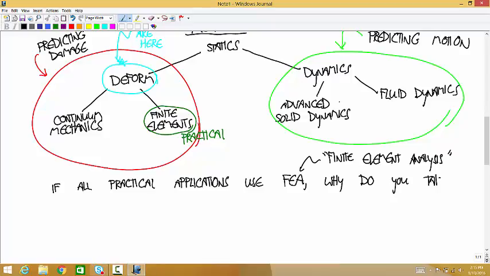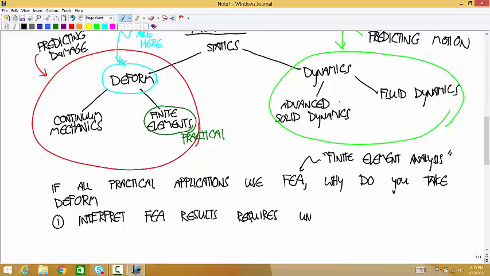Why do you take deform? What are the goals in deform? I would say there are really two reasons. The first one is that to interpret finite element results requires an understanding of the meaning of stress and strain, and we'll see that they're actually complicated things, making sense out of them.